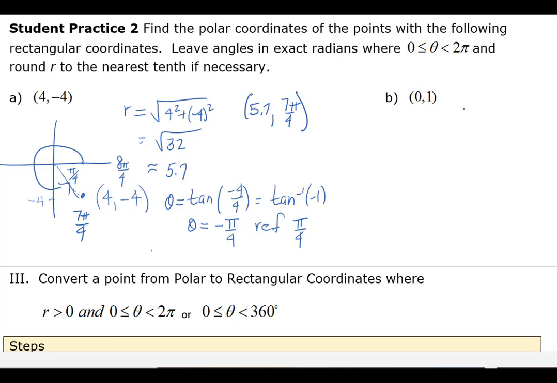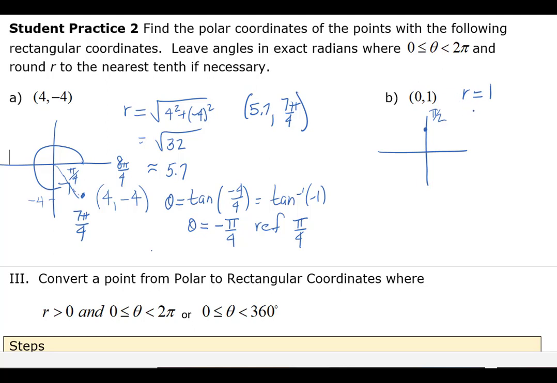Now the next one is another one of those special cases where we really don't need to do a whole lot of work. We just have to work with the knowledge that we have just of the unit circle. 0, 1 falls right on the axis of pi over 2. So I know that I am 1 unit away from the pole, so r is equal to 1 without doing any work.